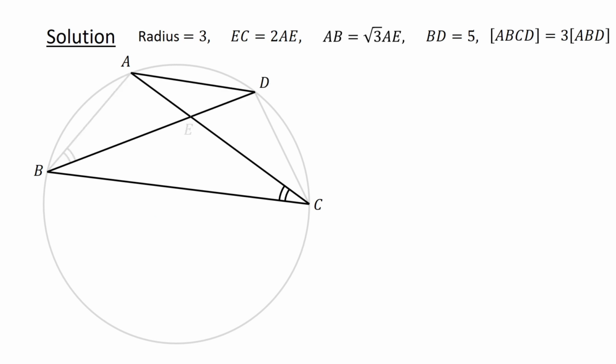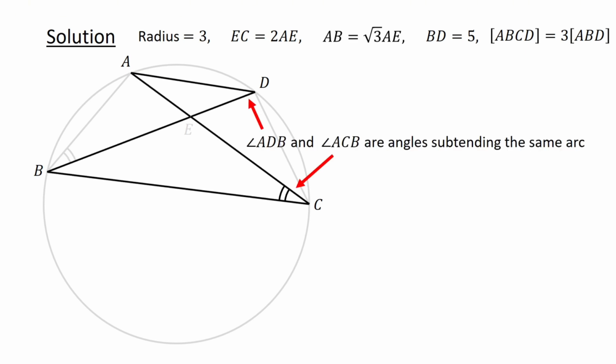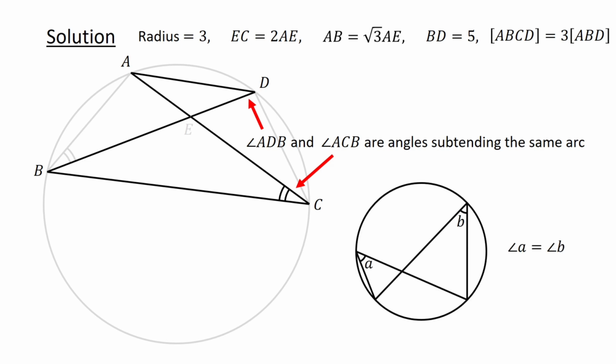Next, focus on this part of the diagram that consists of the line segments AD, AC, BD, and BC. Angle ADB and angle ACB are angles subtending the same arc. Since angles subtending the same arc are equal, we have angle ADB equals angle ACB.